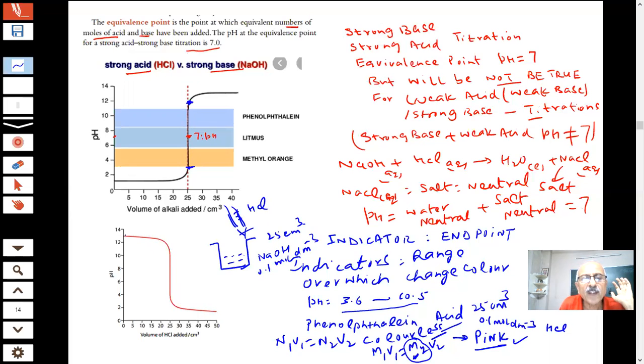See, because for NaOH, the starting pH will be around 13. This is the reverse of what we have done. And again, when you have added 25 milliliter, there is a slow increase, and immediately here you can see that pH is shifting from 12 point something to this point. So again, in this case, the equivalence point will be 7, pH will be 7. So we can do the reverse titration also. The pH curve graph will look like this.